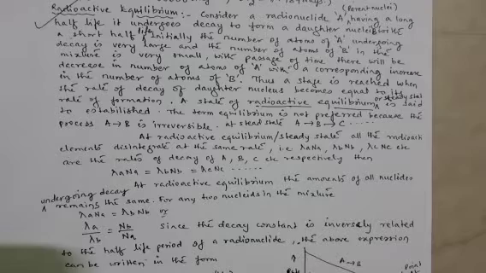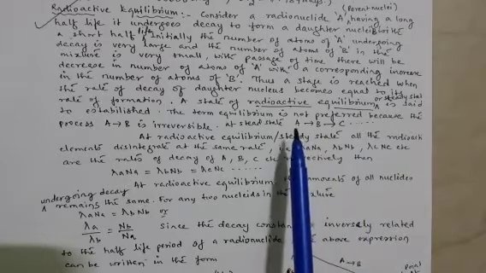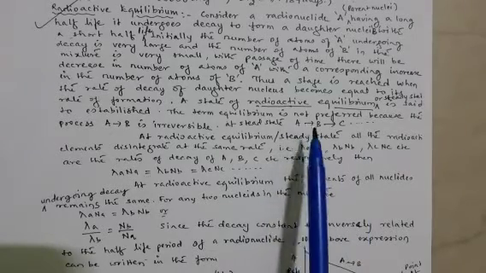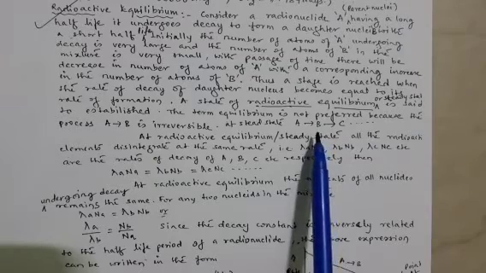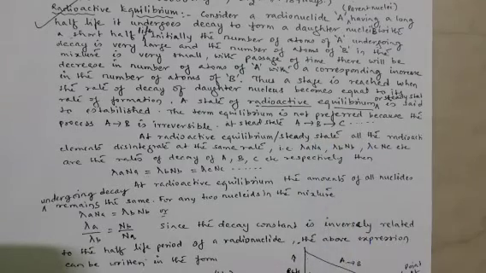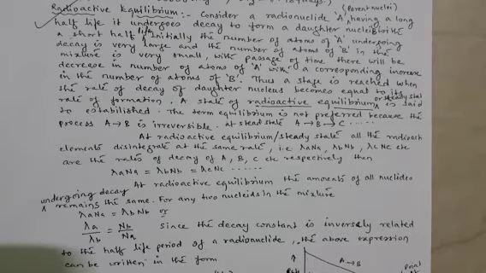At a steady state, the parent nuclei A is converted into B and B disintegrates into C. At radioactive equilibrium, all the radioactive elements disintegrate at the same rate.